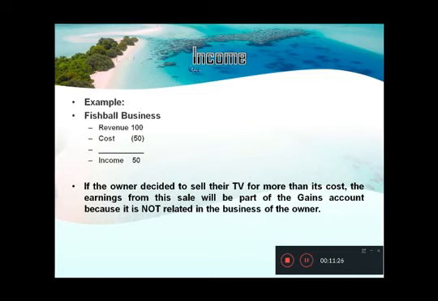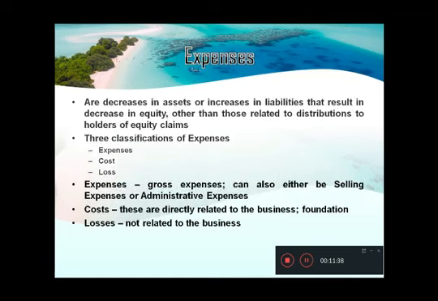Kunwari naman kung ang business mo naman ay refrigerator business tapos nagbenta ka ng TV, hindi siya angkop sa business mo. So, expenses naman are decreases in assets or increases in liabilities that result in decrease in equity other than those related to distributions to holders of equity claims.